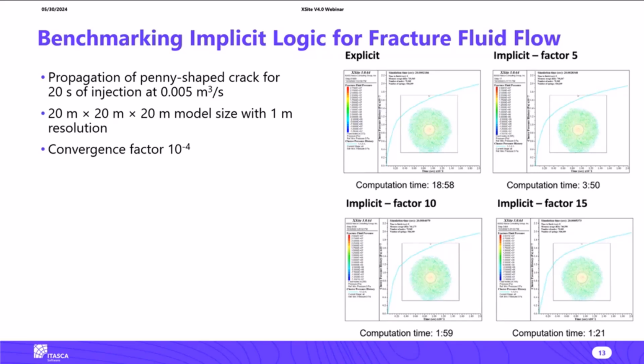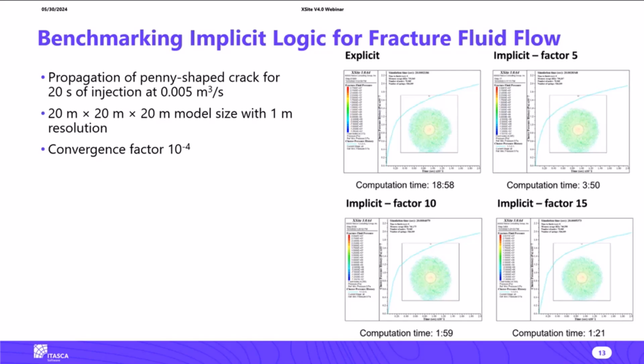So the use of implicit logic for fluid flow calculation is relatively simple. Before the implicit logic was implemented, the integration of the fluid flow model was done using an explicit critical time step.